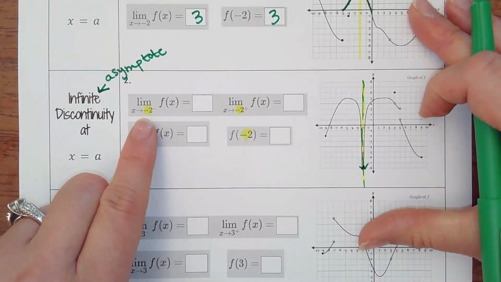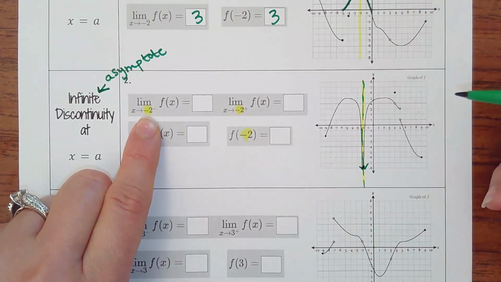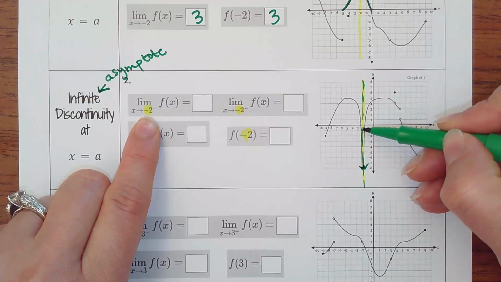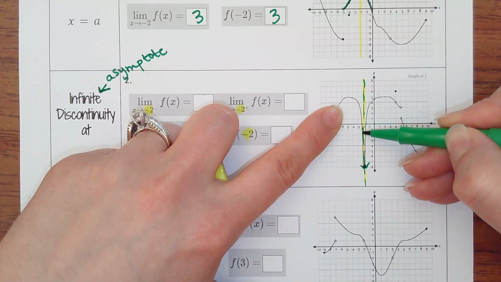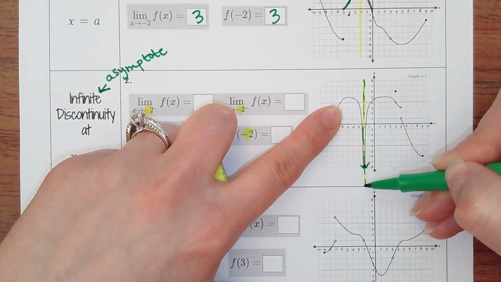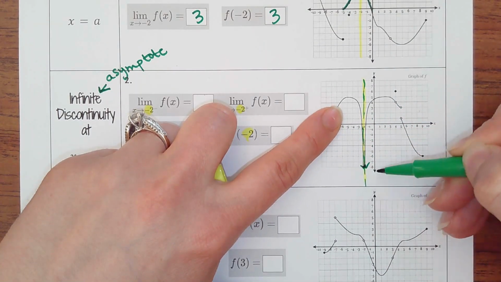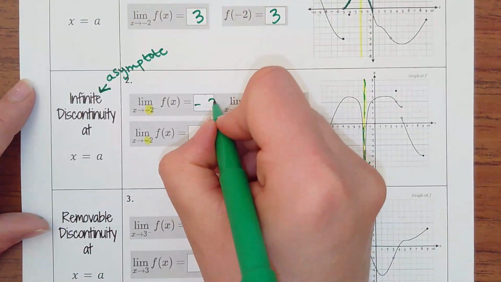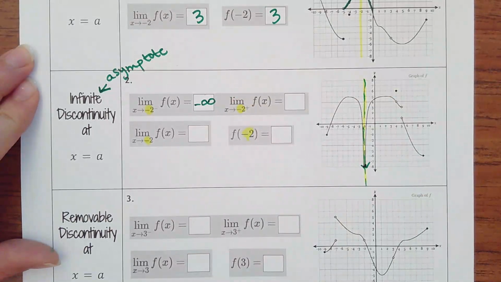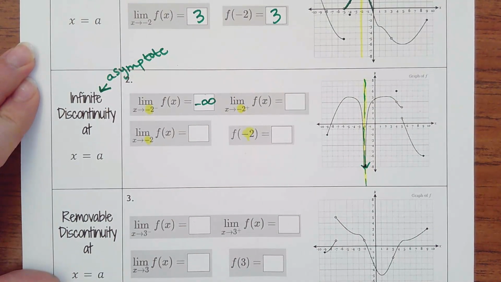What is my limit as x goes to -2 coming from the left? I'm following this end. Since this arrow goes down and down forever, my y's are getting smaller and smaller forever, so I would say that's going to -infinity. It's never going to stop at -100 or -1000. It just keeps going in that direction.